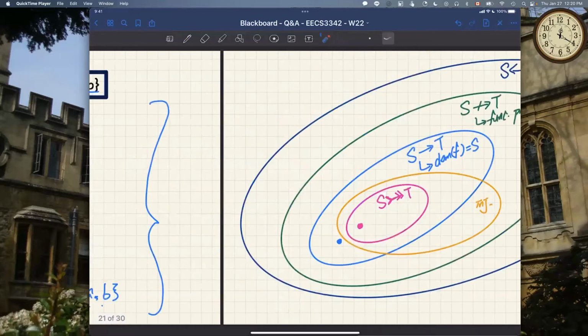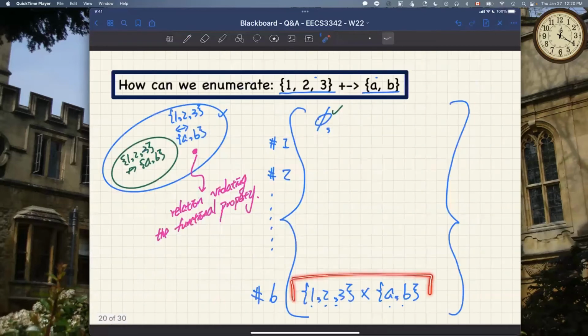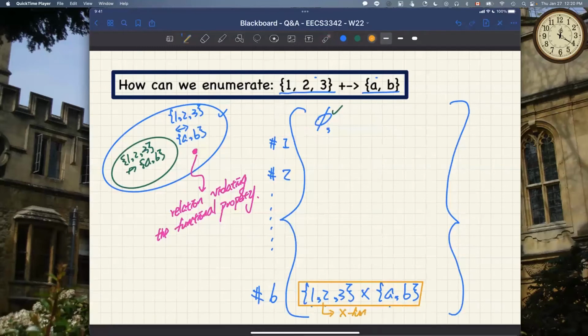And for part number two, for this Cartesian product over here, it's guaranteed it's always not a function. How do I disprove it? This will violate the functional property, so I'll say not a function. If I want to give a witness to disprove it, I can give 1A and also 1B.